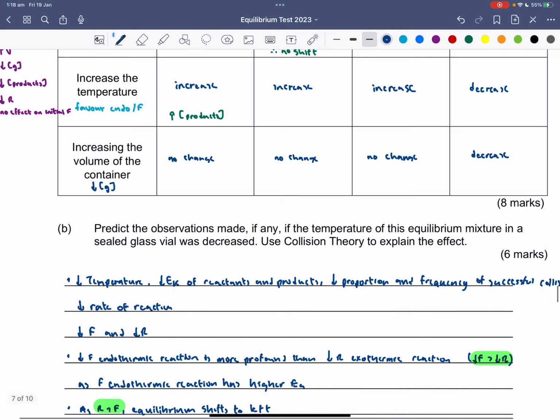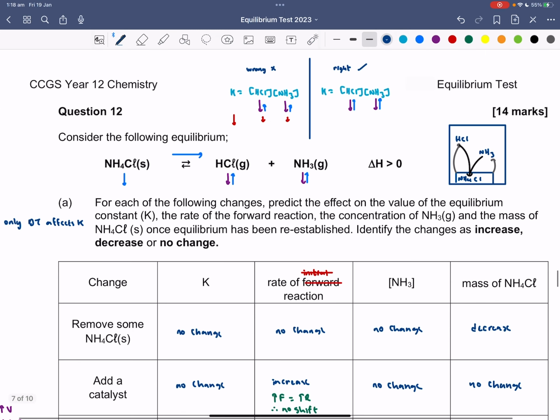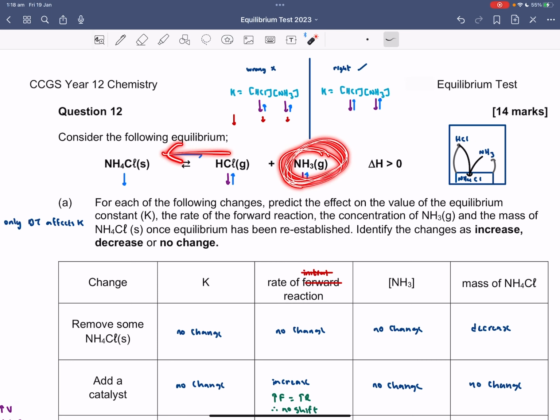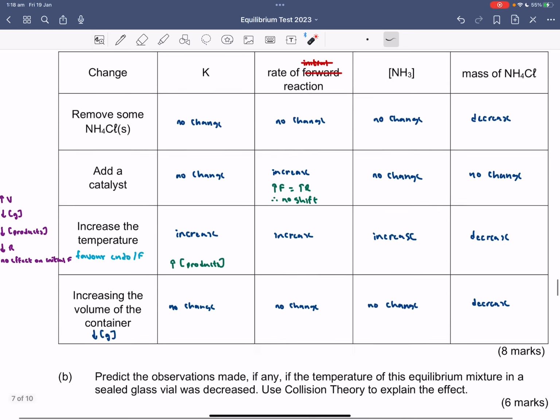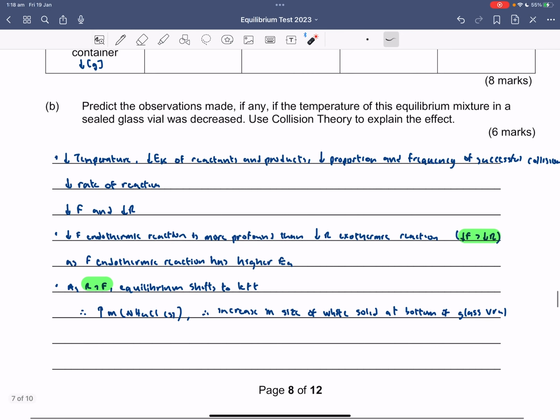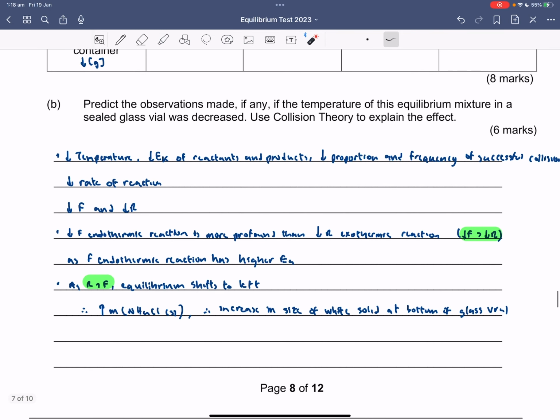Now, a lot of people made a silly mistake. Technically, if you favor the reverse reaction, we're going to lose that NH3, so we're going to have a reduction in this pungent smell of NH3. Now, the trick is, a lot of people said that there's a decrease in that pungent smell, but it says that's in a sealed glass vial, and because it is in a sealed glass vial, we should not be talking about smells at all.